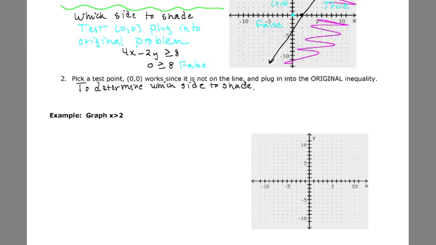This one's not too bad. It doesn't involve quite so much algebra in graphing the boundary line. So let's take a look at this. I've got x greater than 2. Well, I need to graph the associated line that goes with that, so I'll replace the inequality with an equal to, and I'll graph this boundary line. Let me get myself a little more room there.